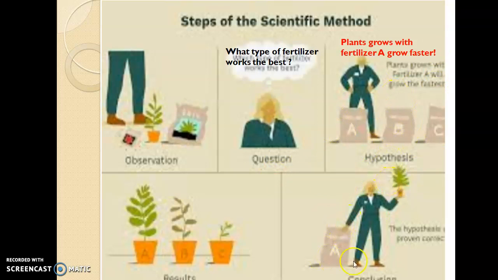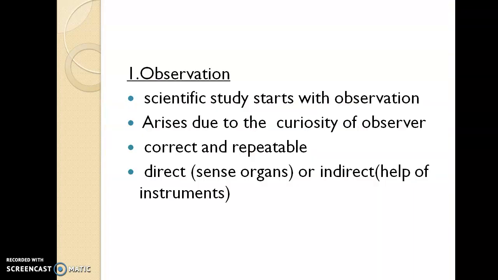So this is the conclusion. So these are the various steps of the scientific method, that is observation, question, hypothesis, result, conclusion or theorization. So this is a simple diagrammatic representation of this phenomena. Okay, so let's move in detail.